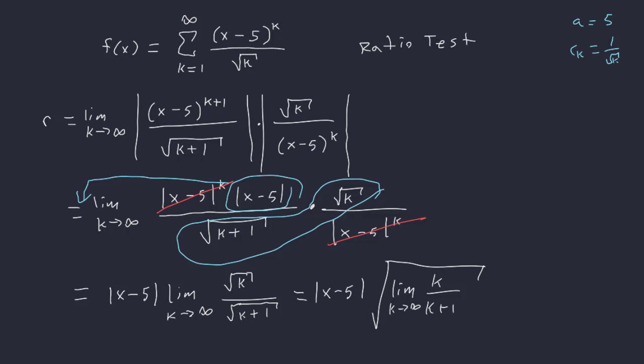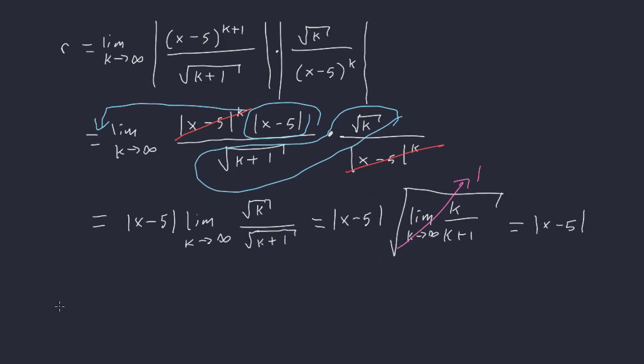And so this goes to 1. So this whole thing goes to the absolute value of x minus 5. So what this tells me is that r is equal to the absolute value of x minus 5, and for convergence, we need this thing less than 1.